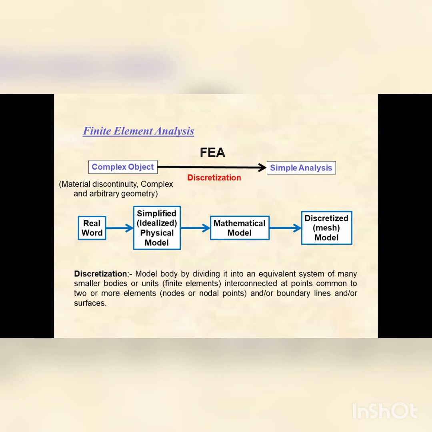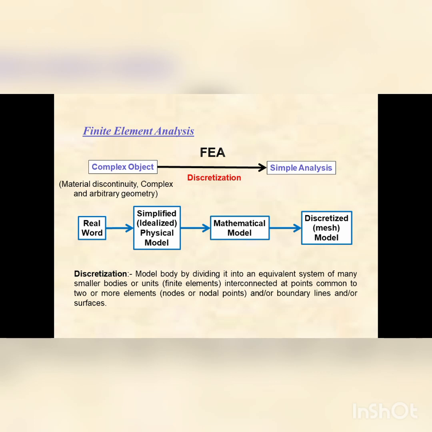In simple ways, it converts a continuous space into an equivalent discrete space for easier calculation. That's what FEA does. The method makes it simpler to reach the final answers.